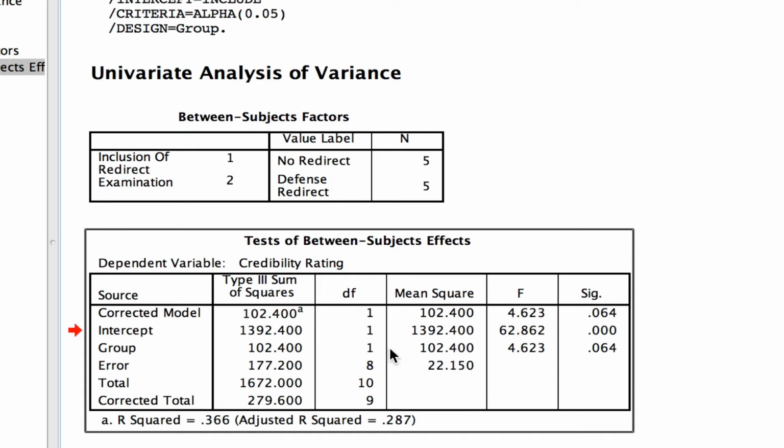So if we can reduce the error in our analysis, then hopefully we can get a higher F value and give us a bit more power to detect a significant difference if one does exist. So that's the theory of ANCOVA.